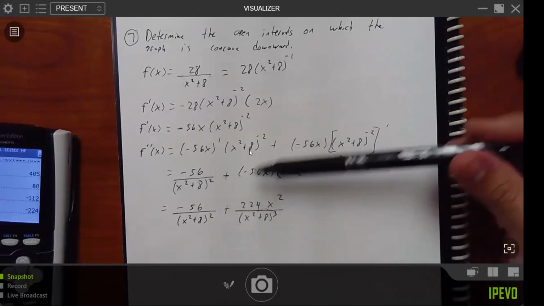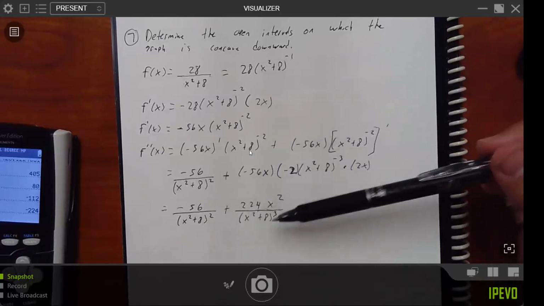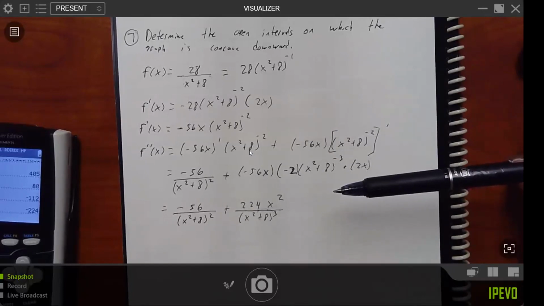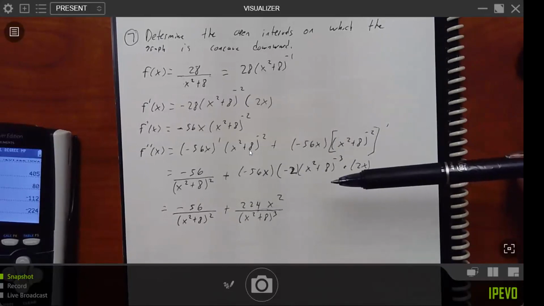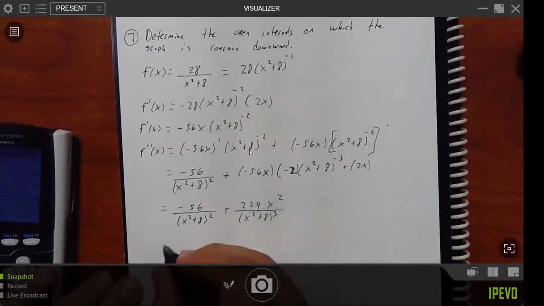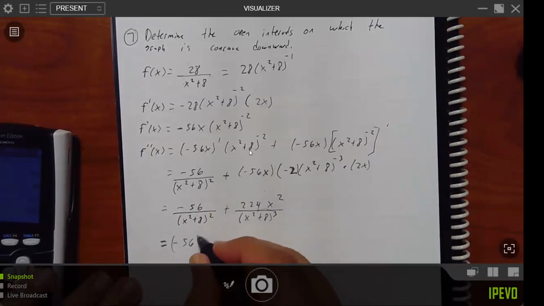But currently, because I used a product rule, it's not one fraction. You see that? So the derivative is easy, but now I have to combine these fractions. So maybe it wasn't worth it. I don't know. We'll see.